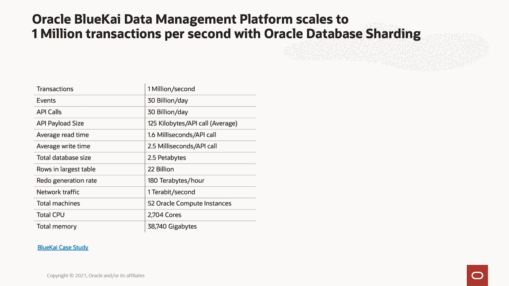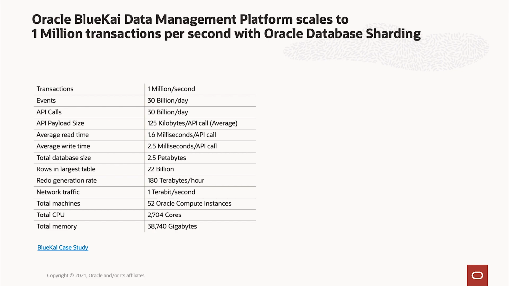So let's take a look at one of our biggest sharded database deployments. This is Oracle BlueKai. They are a part of our Fusion applications. This is deployed in Oracle Cloud, and this is probably one of the biggest online transaction processing databases out there in the world.